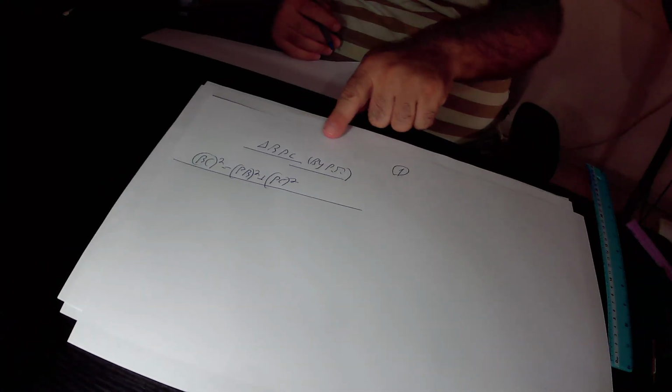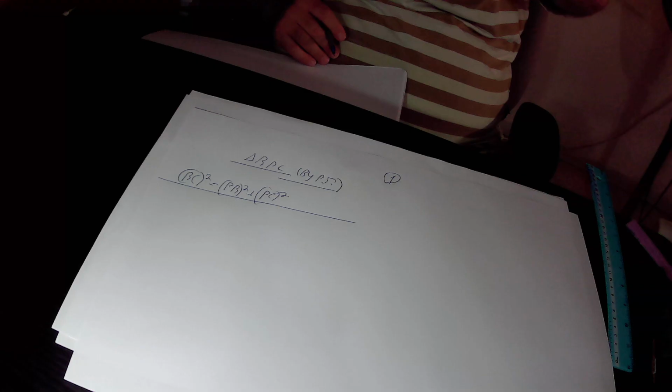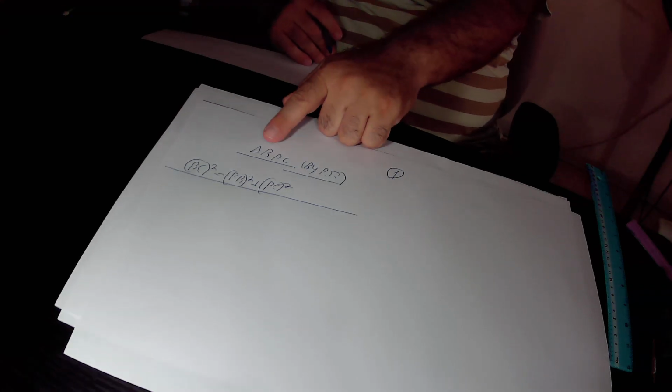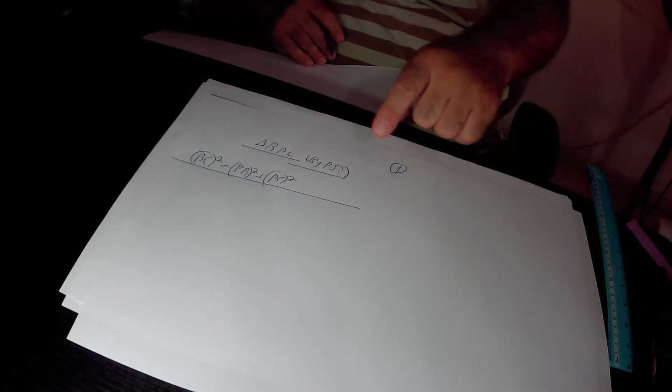Here PT is an abbreviation for Pythagoras theorem. According to the Pythagoras theorem, in the right triangle BPC, BC square equals PB square plus PC square.